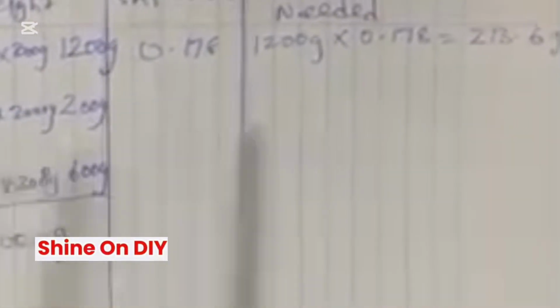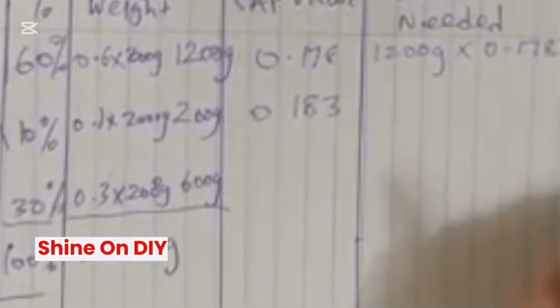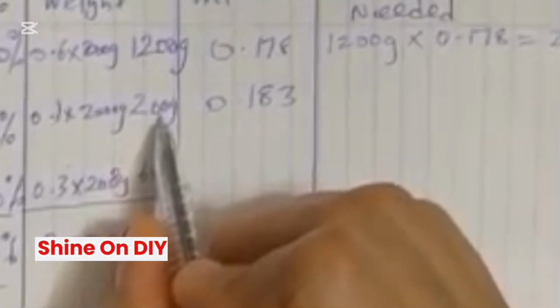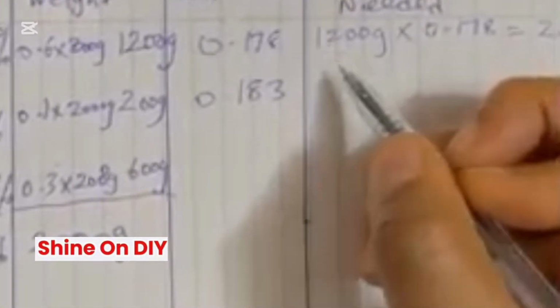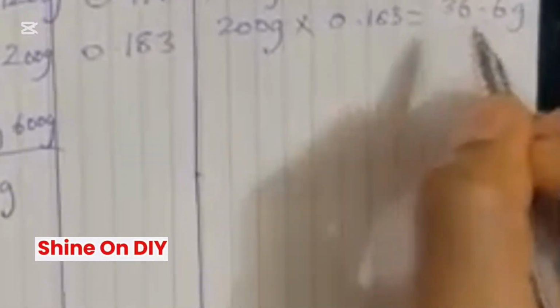So looking up the saponification value for coconut oil from the same table, what we have is 0.183. So to saponify these 200 grams of coconut oil, we simply do 200 grams times 0.183, which will give us 36.6 grams. That's the amount of caustic soda we need.